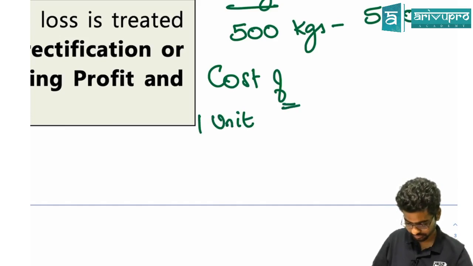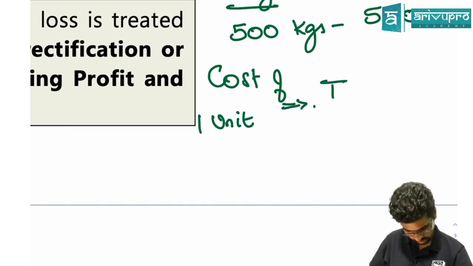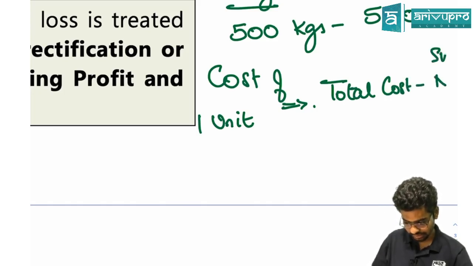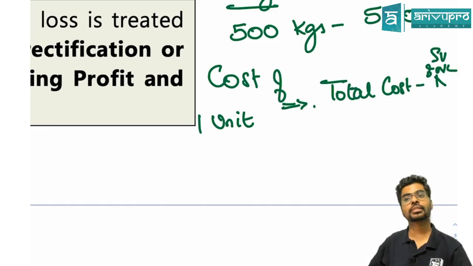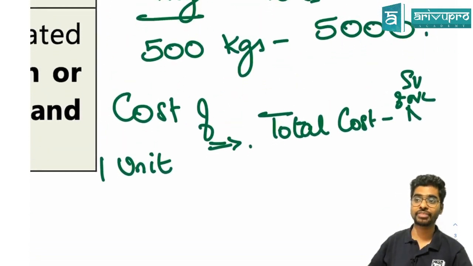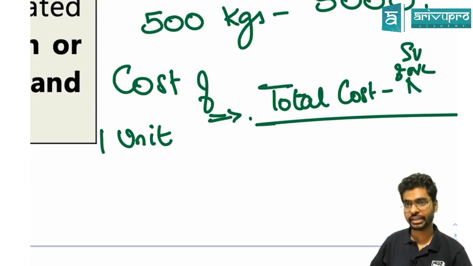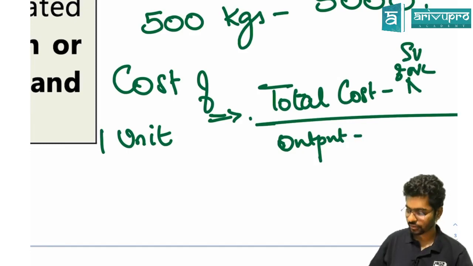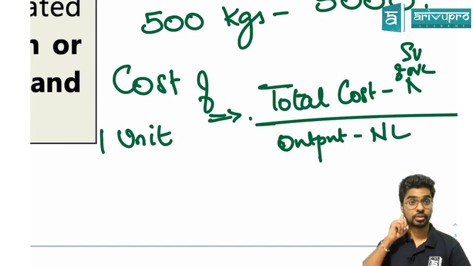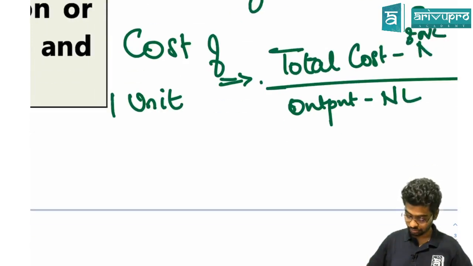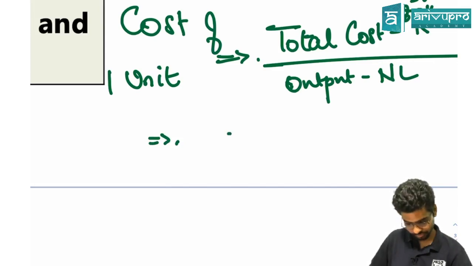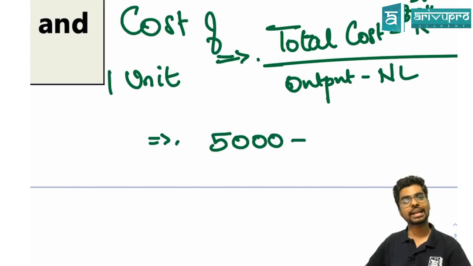Okay. Now see here, the cost of 1 unit will be equal to total cost minus scrap value of normal loss, divided by total output minus normal loss. Now let's understand what the total cost is here. Is there any scrap value given?